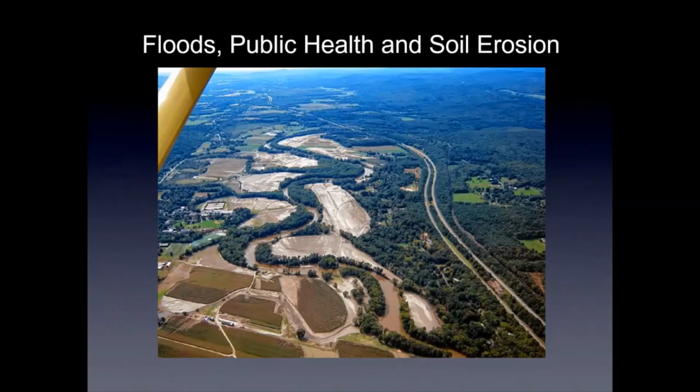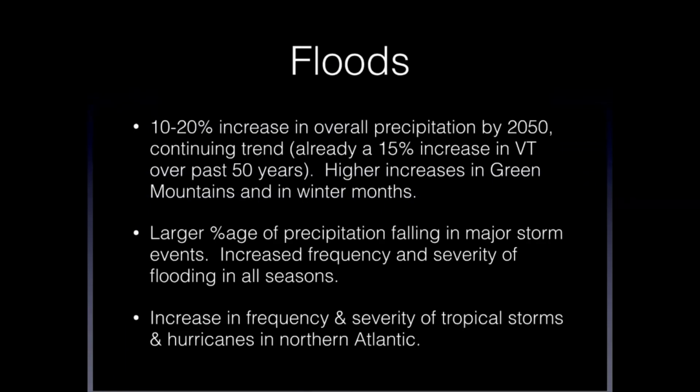So this shows you Vermont and Irene, and gosh, just a tremendous amount of damage in a very, very short amount of time. Next slide. So this is going to be a fact of life in Vermont: a lot of floods. We're just going to have a lot of precipitation.